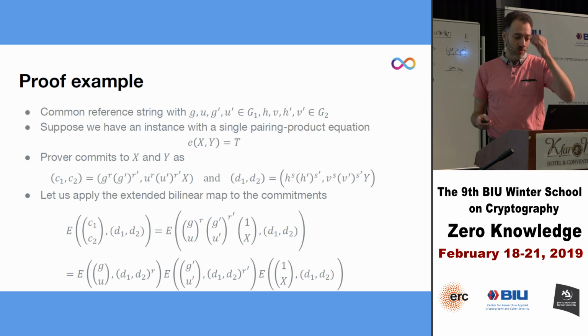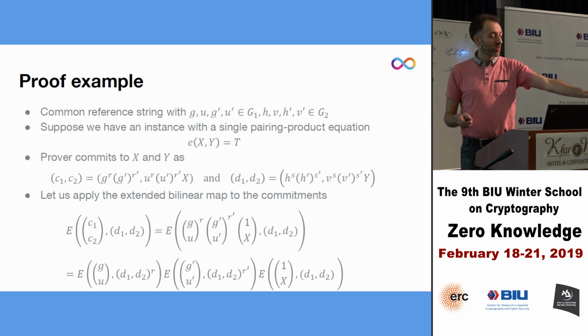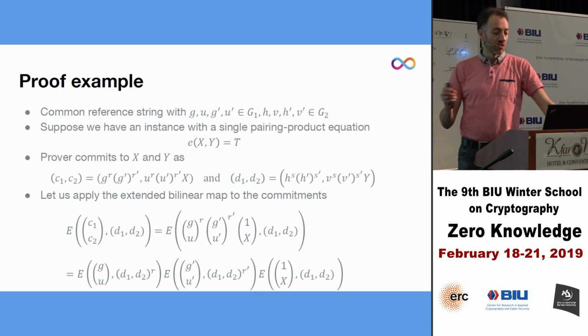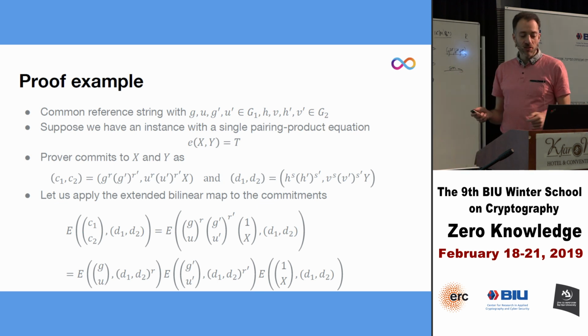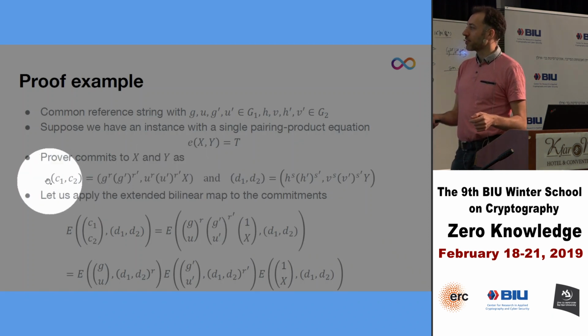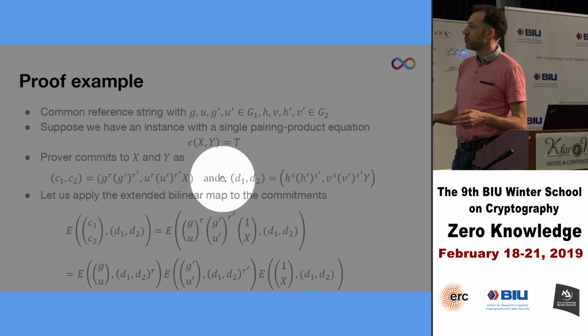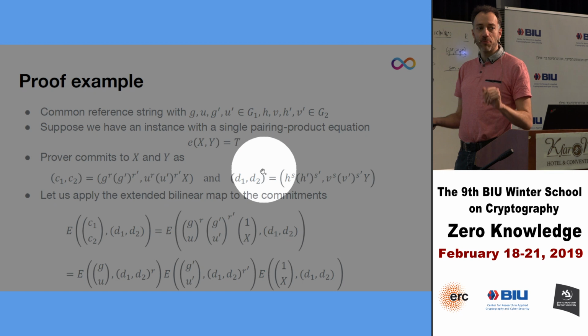Okay. So let's take the example that we had from before. Let's still say that we want to prove that the pair xy is equal to t. So now we use these commitments here, a somewhat more complicated way of creating C1 and C2 and D1 and D2, but it's still the same thing.